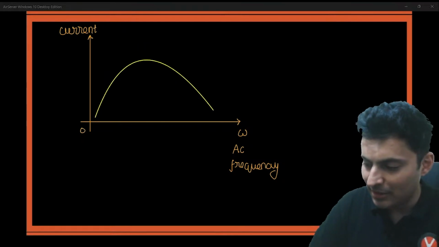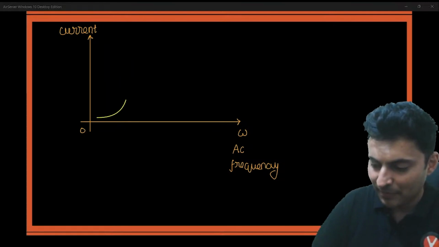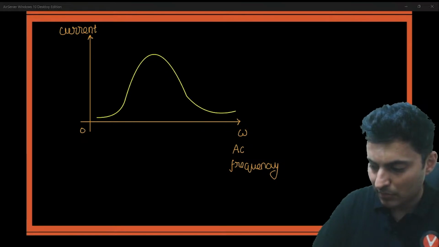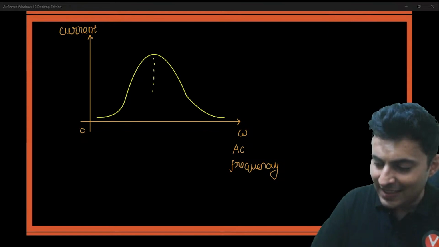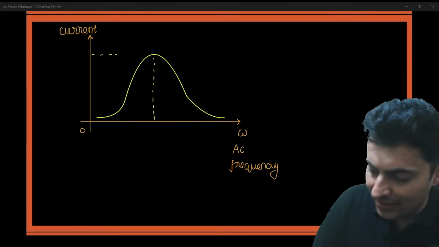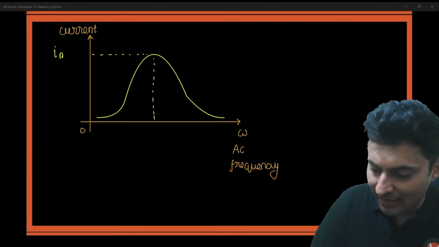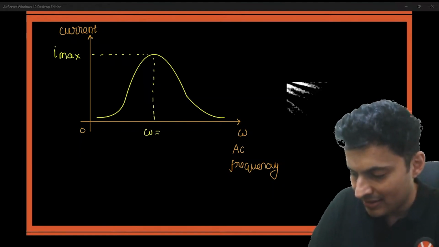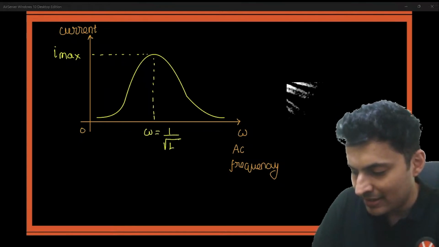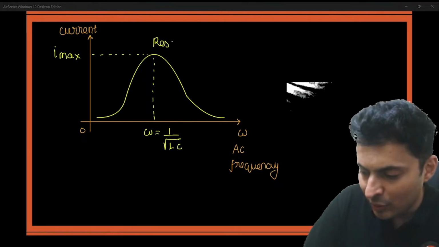Something like this. You will see that it reaches a maximum value of current at a certain frequency. This is the max current. And this is when omega equals 1 over root LC. This is when resonance occurs.